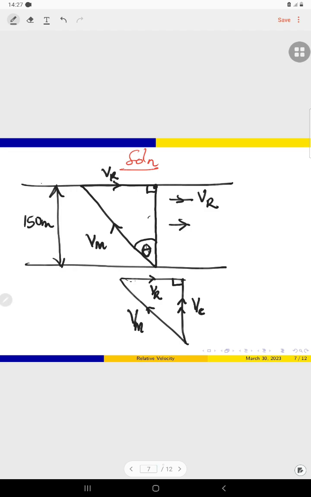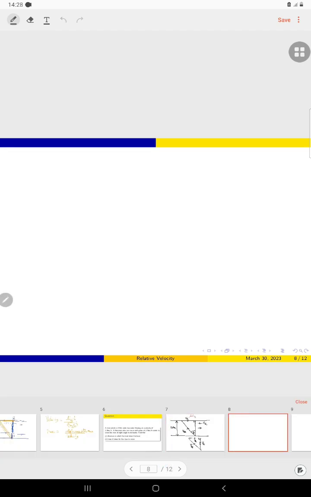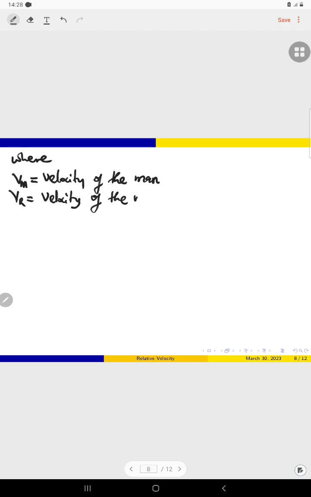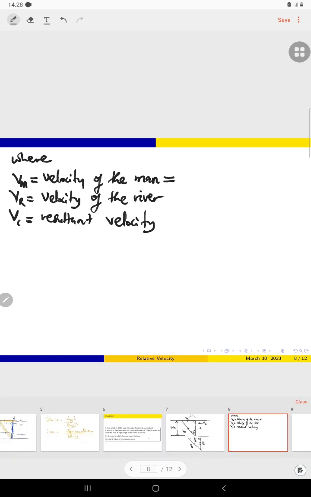It doesn't matter. We need to define our parameters: Vm is the velocity of the man, Vr is the velocity of the river, and Vc we are calling the resultant. According to the question, what is it saying?